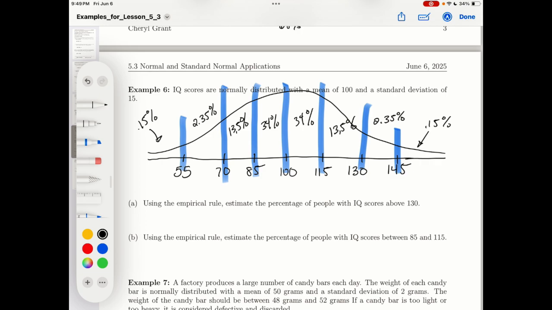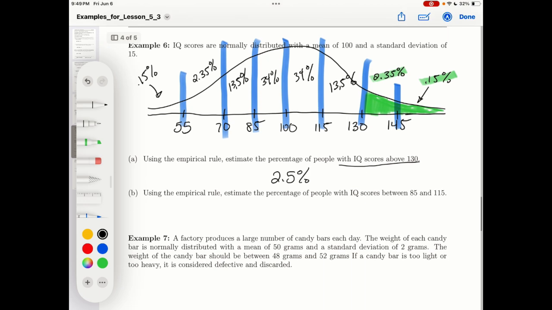Now, the question asks us in part A, estimate the percentage of people with IQ scores above 130. So looking at above 130, that's all of this area in here. So we want to add up 2.35 and 0.15, and that's going to give us an approximate of 2.5% of people that have IQ scores above 130.